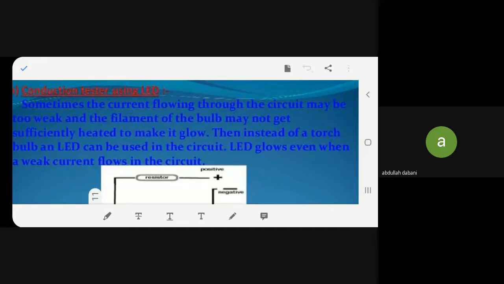See, why do we get light? Why do we get light, beta? Because when the element gets heated up, it starts burning and we get the light, isn't it?